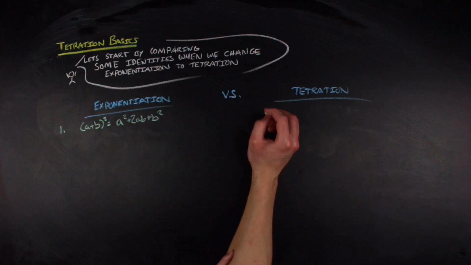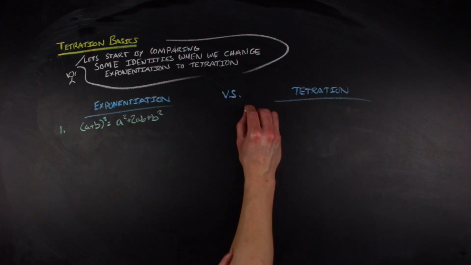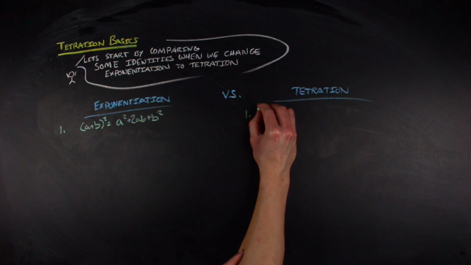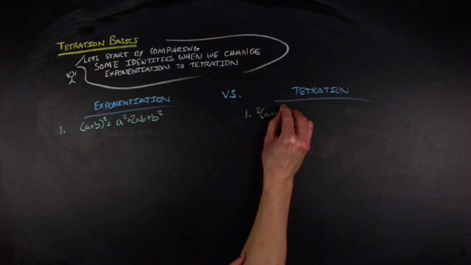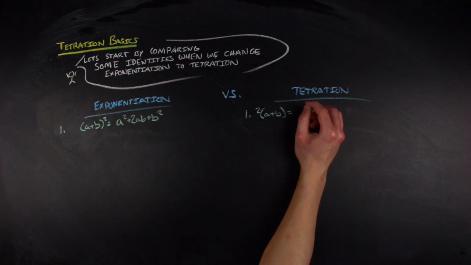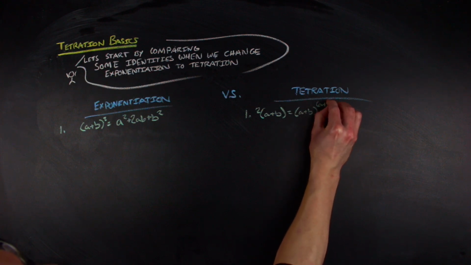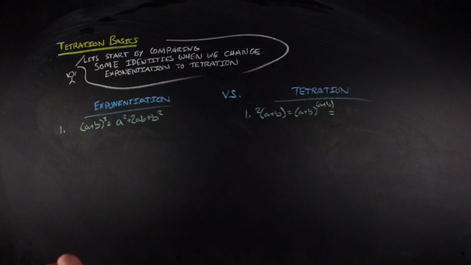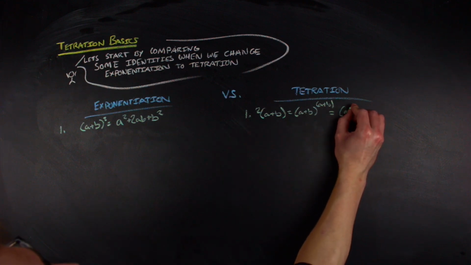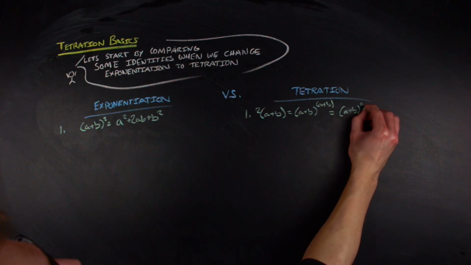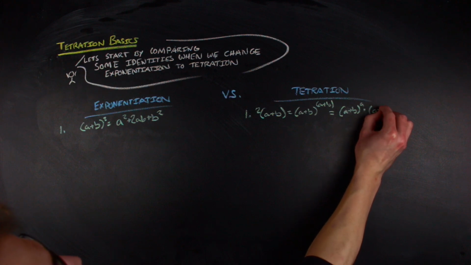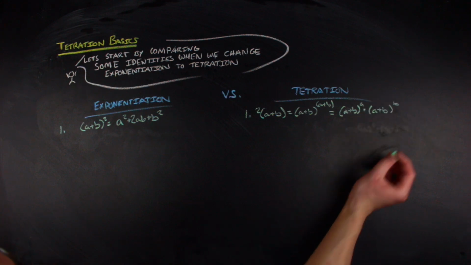But when you tetrate a+b to the height of 2, what you're doing is not (a+b) squared. Instead, you're doing (a+b) to the (a+b) power. And then using some exponent rules, you can break that up into (a+b) to the ath power times (a+b) to the bth power.